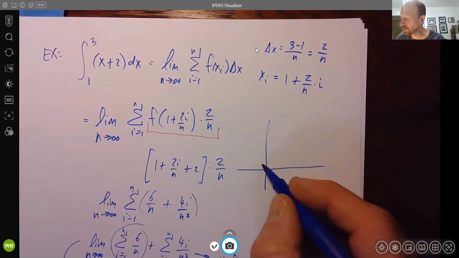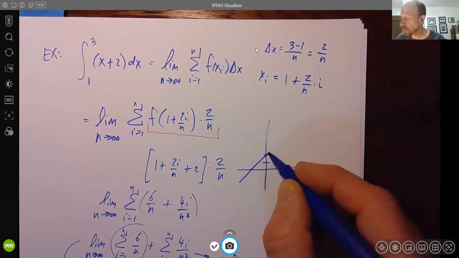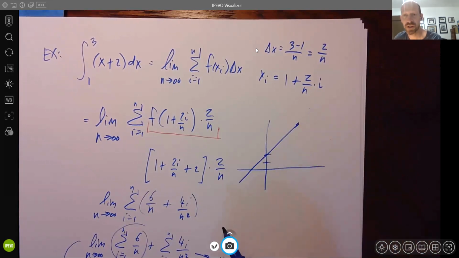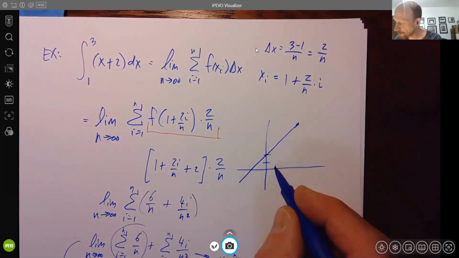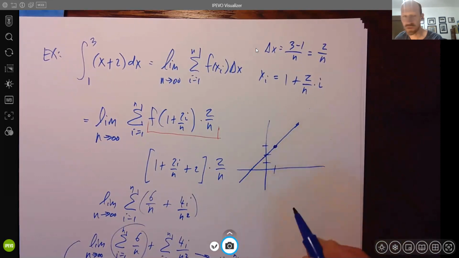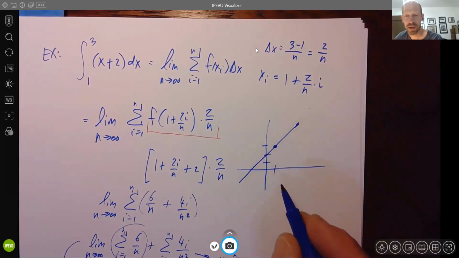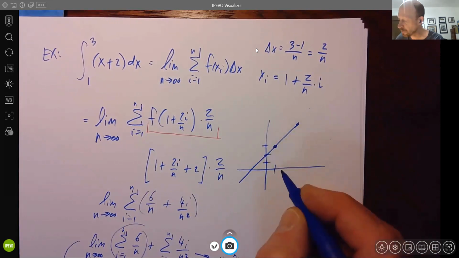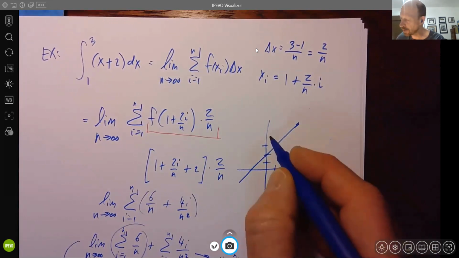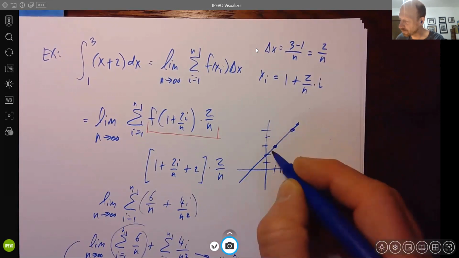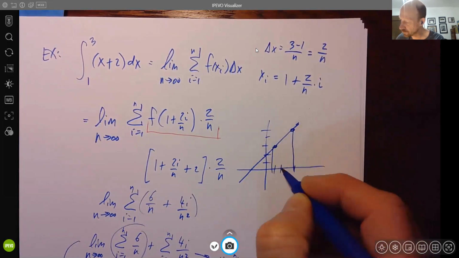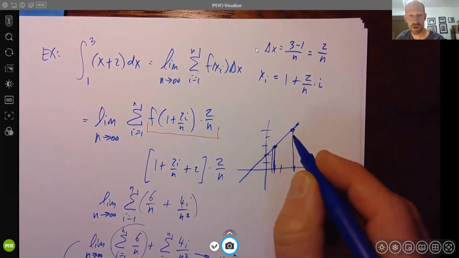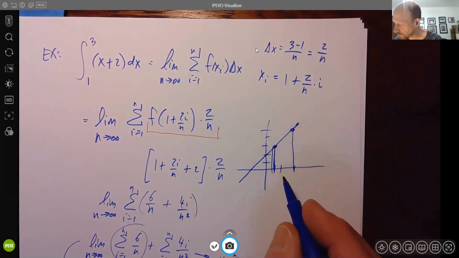Because this x plus 2 function is just a straight line. It has a slope of 1. So when x is 1, the y value is 3. When x is 3, the y value is 5. And I want this area.